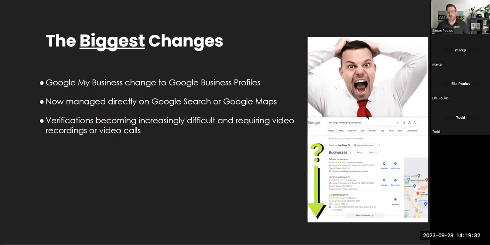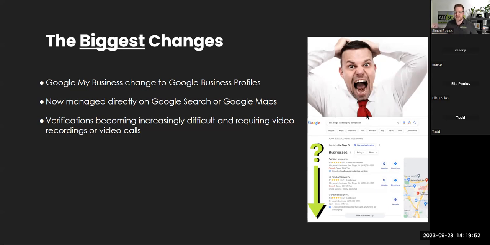Google is really waging war on these local lead gen companies, and I wrote a blog on this about how Google is doing everything they possibly can to remove lead generation companies from Google Business Profiles and Google Maps specifically.